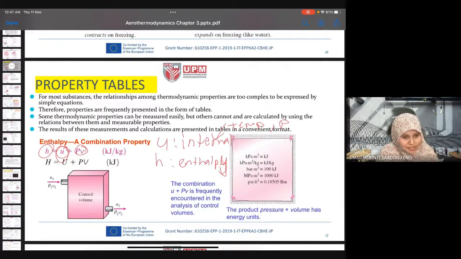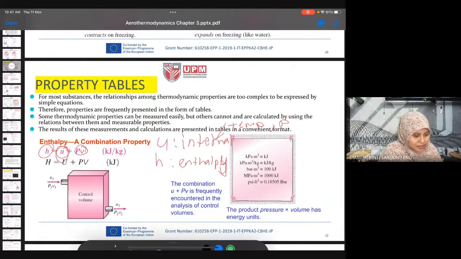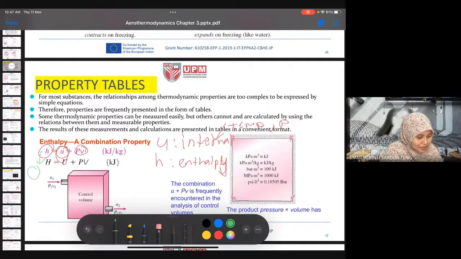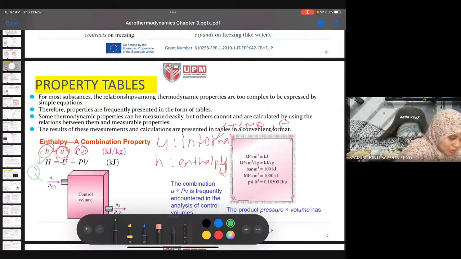This is the enthalpy equation. Enthalpy H includes all the energy formed in the system. It can be heat transfer Q, kinetic energy, potential energy, etc. So this is also the first law of thermodynamics.